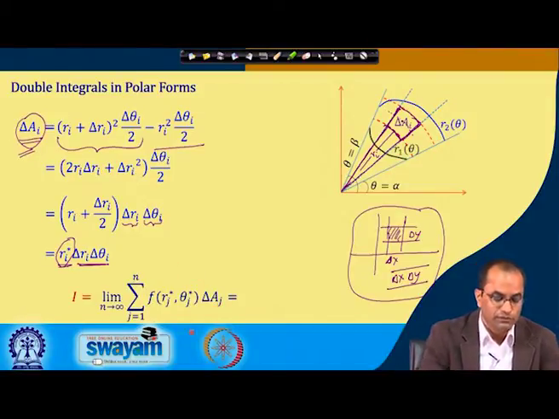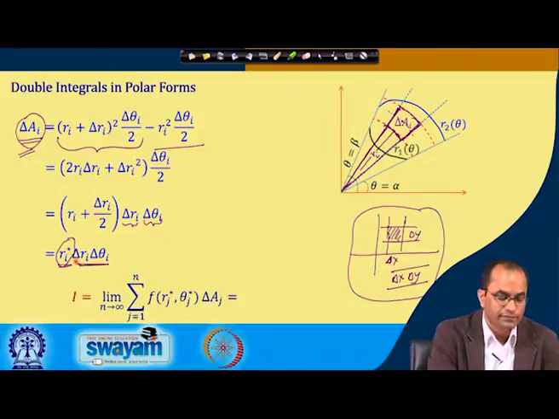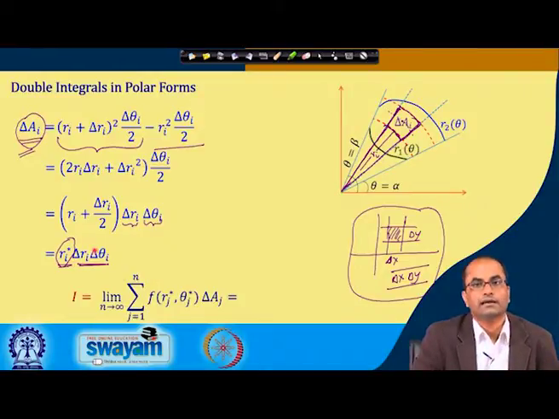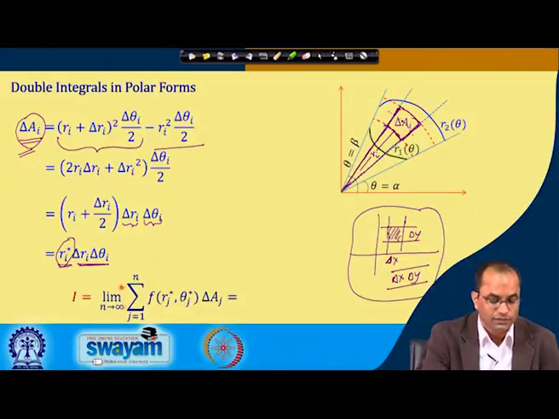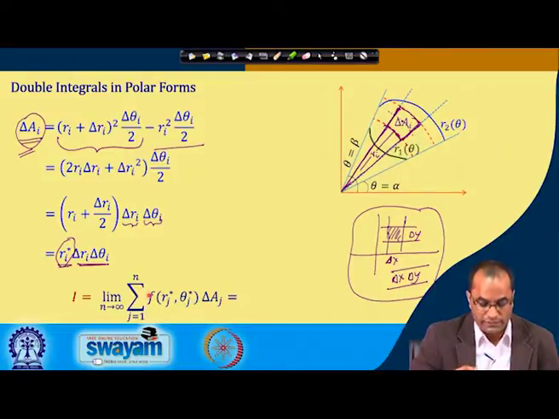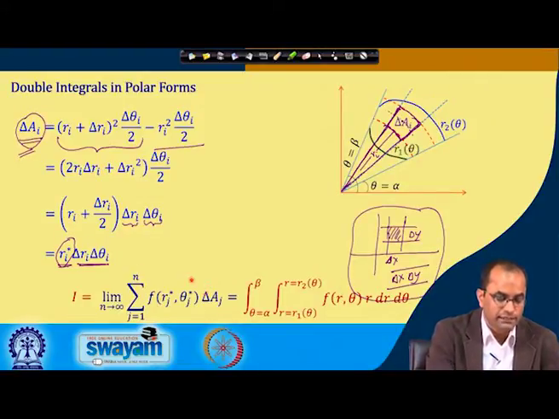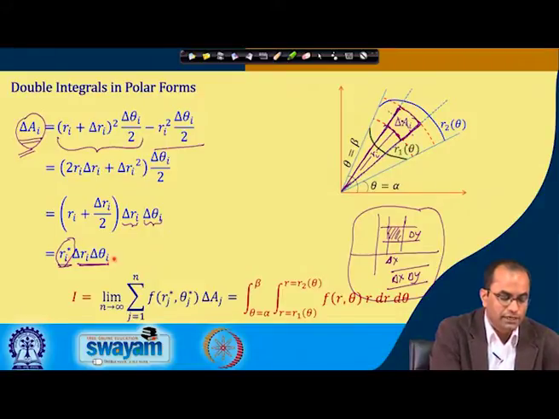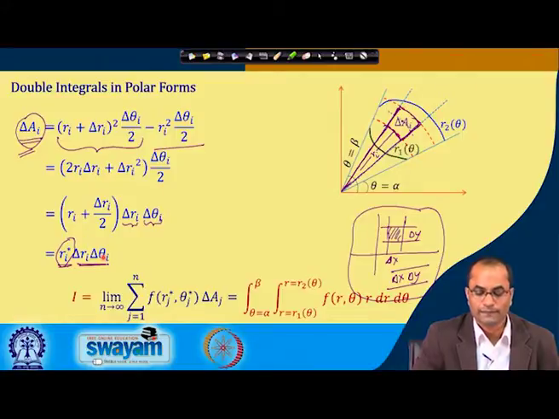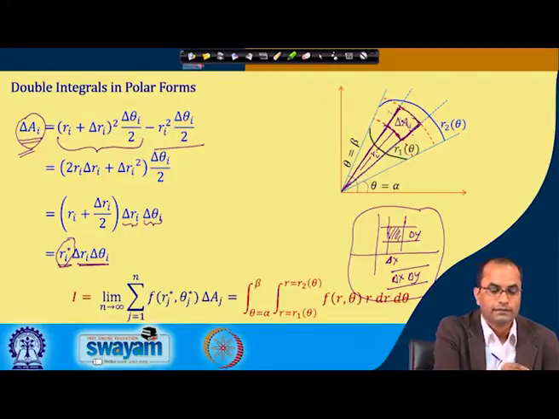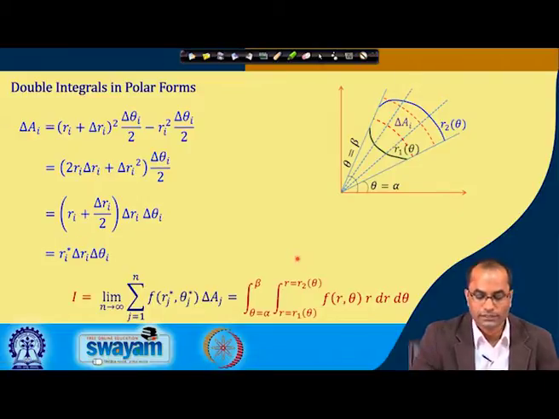But now, since this delta A j is r I star times delta r I delta theta, we will write this limit in the integral form now: f of r, theta, and because of this delta A j, which has come as r and the product of delta r delta theta, this will be r times dr d theta.